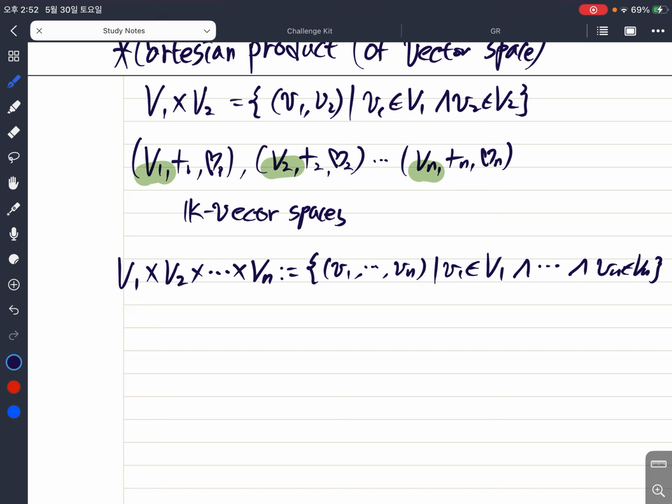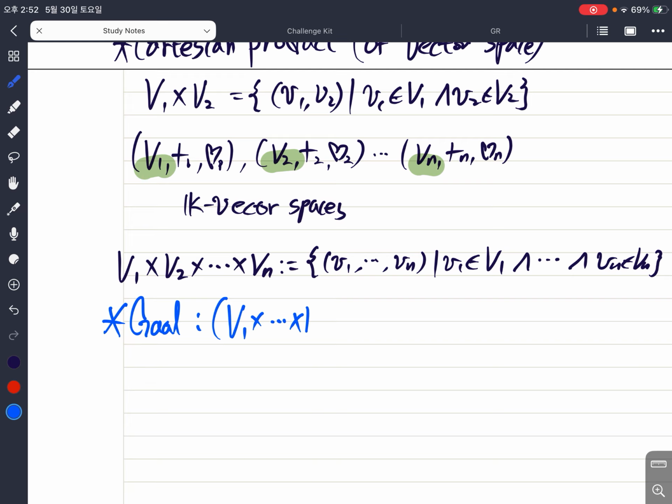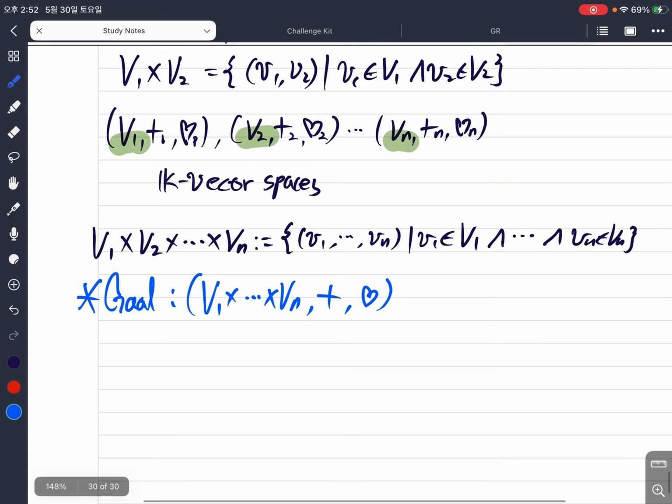But this is not our goal, because our goal is not just to get a set. Our goal is to make a vector space. Then what you need to do is find a proper scalar multiplication and addition. So our goal is that V1 times up to Vn, with some plus and some scalar multiplication, I want to show that this is also a vector space.